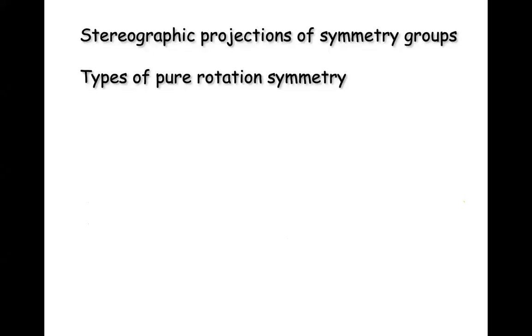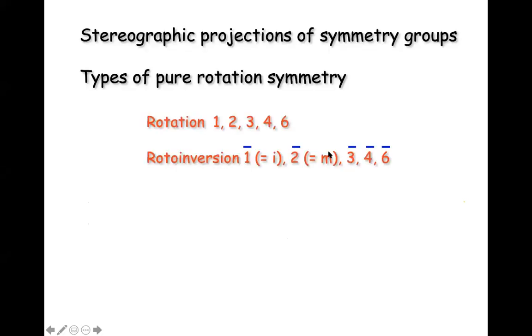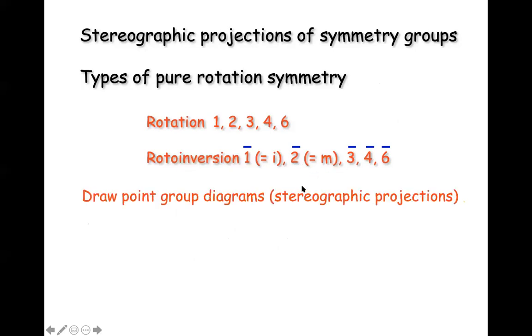So, okay. Now the stereographic projection of these things. So rotation axes are 1, 2, 3, 4, 6. Rotation inversion is 1 bar, 2 bar, and so on. So we need to draw this projection in two dimensions. A sphere, you project it and you operate, for example, a twofold rotation. Now, this is the symbol for twofold rotation.